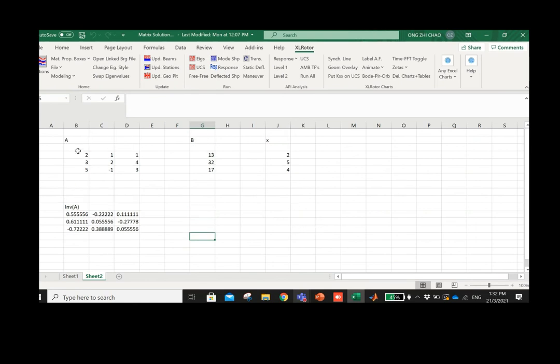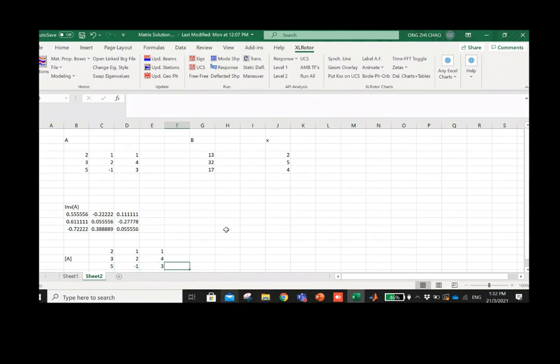So what you need to do is just build the matrix out. I put my A matrix, which is 2, 1, 1 in each column and row, then 3, 2, 4, then 5, -1, 3. Right.